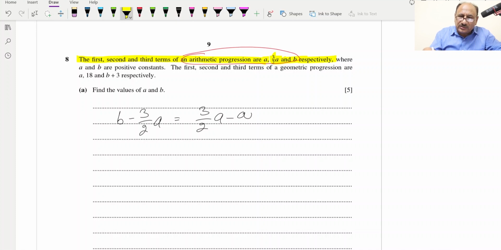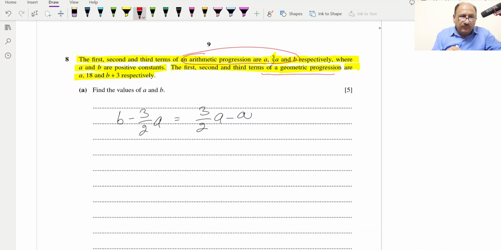Now we can go through the rest of the question, where a and b are positive constants. The first, second and third terms of a geometric progression are 0, 18 and b plus 3 respectively. So we will write an equation for the geometric progression.